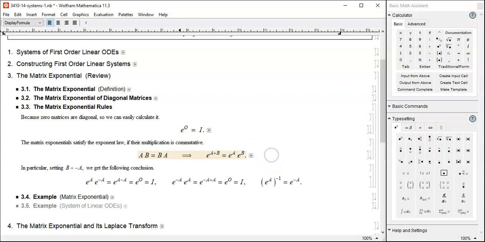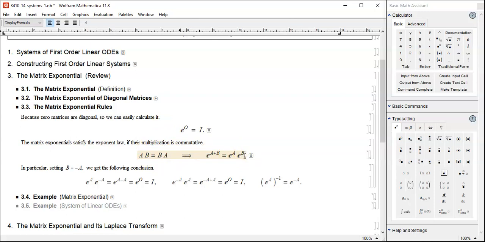Now here's a rather difficult rule, to tell the truth. This is the exponent rule. E to the A plus B power is equal to e to the A power times e to the B power. But I'm afraid this is not always true. It is true when A and B commute. A times B is equal to B times A, and this commutativity was always true for real number arithmetic.